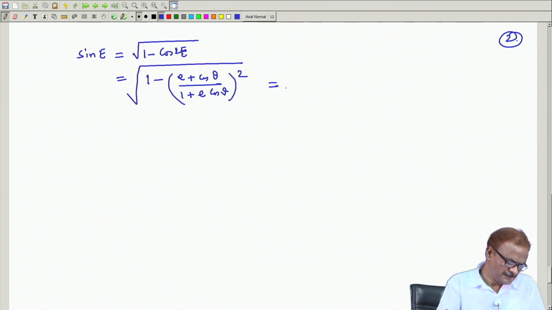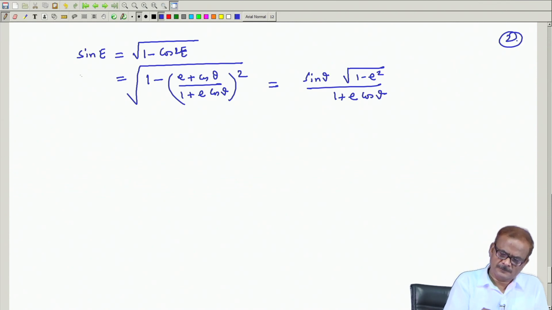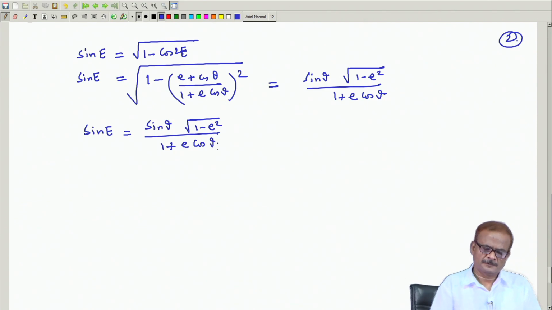If you simplify it, you are going to get the equation for sin theta. This step I am leaving to you. And therefore, sin E is sin theta times the square root of 1 minus e square divided by 1 plus e cos theta.